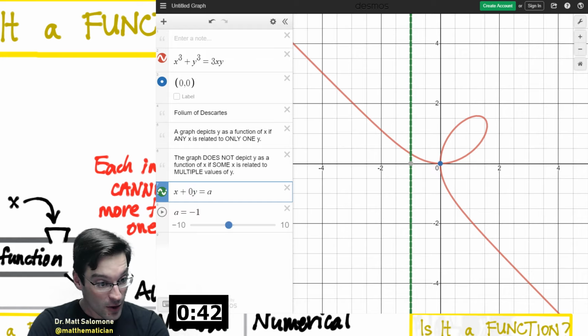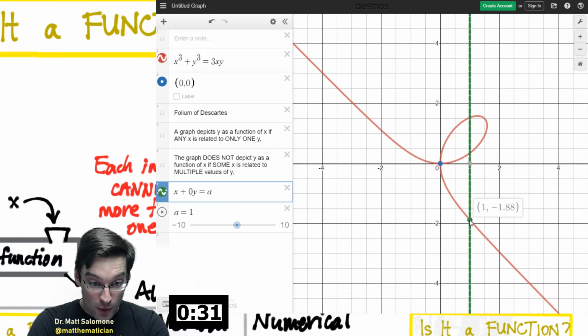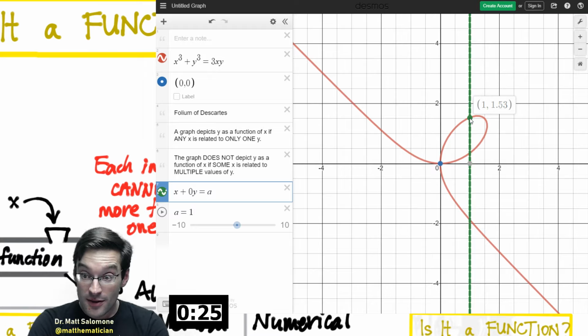But if we look a little closer, we say, well, what about an x value like x equals positive 1? What happens in this example? Well, when x is equal to positive 1, it turns out that there are no less than 1, 2, 3 different places where that vertical line meets this locus of points. And so for the same value of x equals 1, there are 3 different values for y: 1.53, 0.38, and minus 1.82.